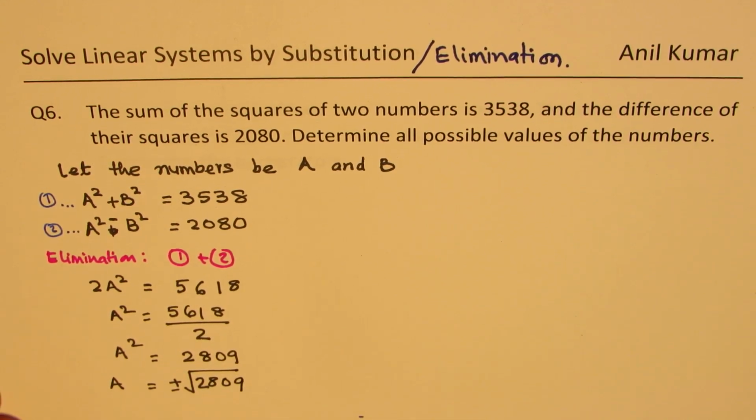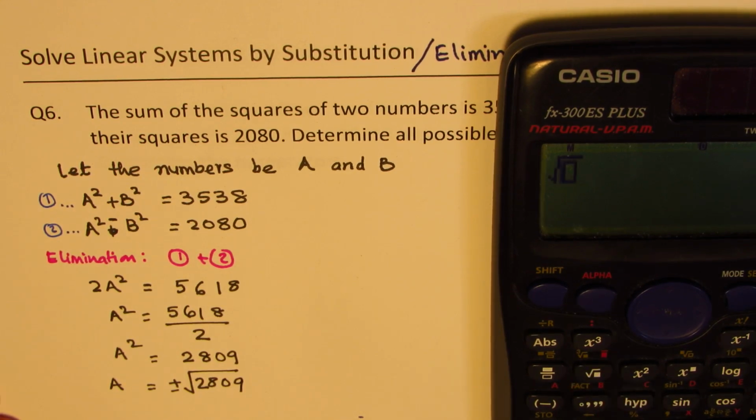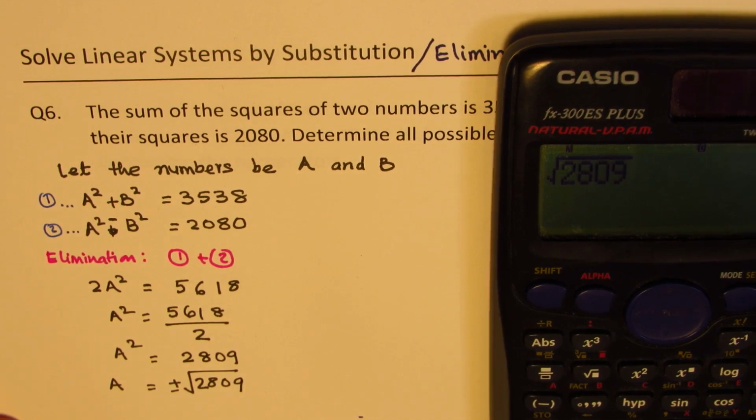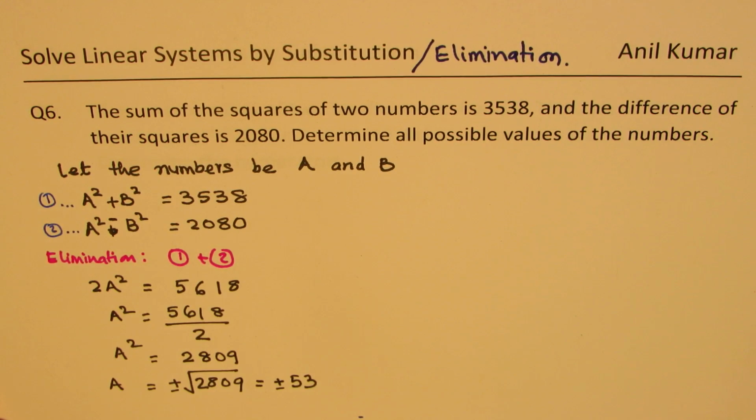So those are the numbers which we are looking for, square root of 2809, and that gives you 53 as your answer. So we get A as plus minus 53. Is that clear to you, right? So you get two values, plus or minus 53.